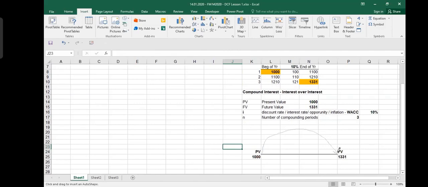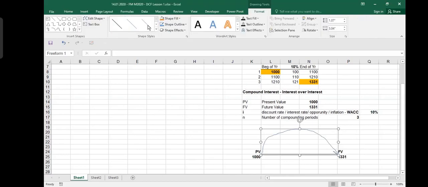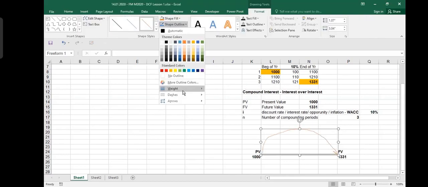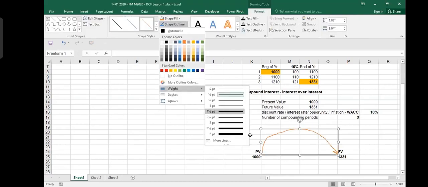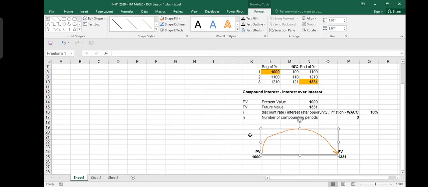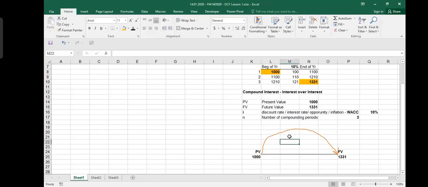So this process which we did, we call it compounding. I call it compounding here, okay?